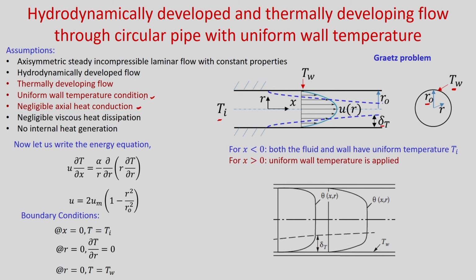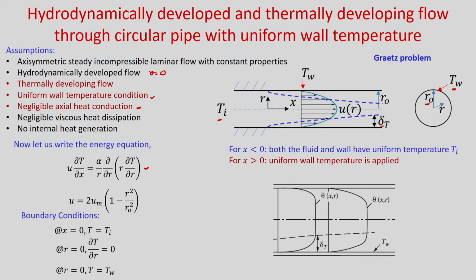With those conditions, the energy equation will be u del T by del x is equal to alpha by r del by del r of r del T by del r, because we have neglected the axial heat conduction, and as it is hydrodynamically developed flow, V is 0.